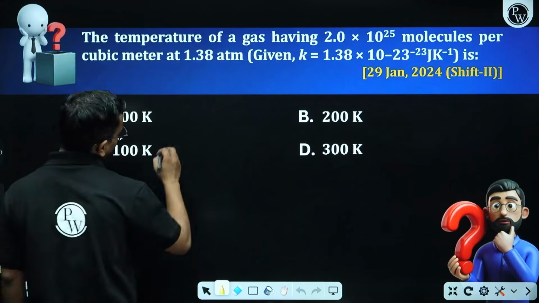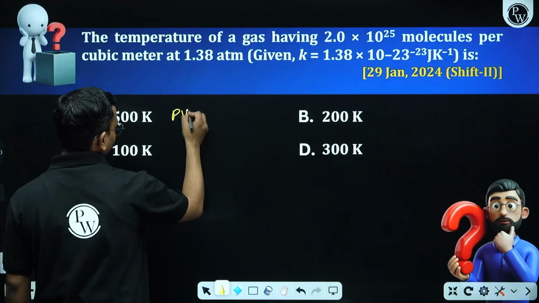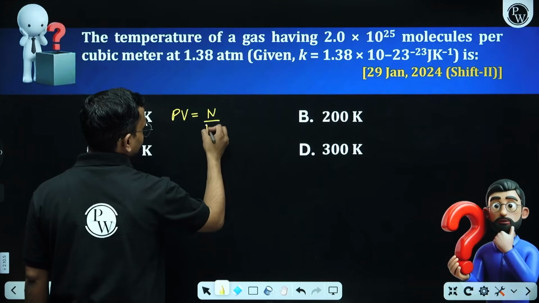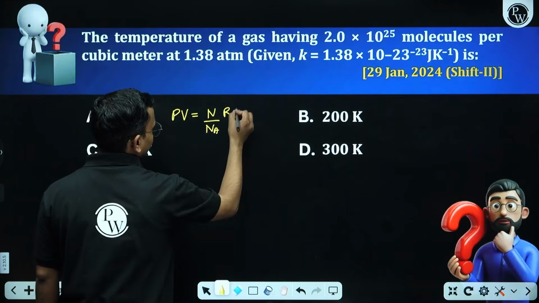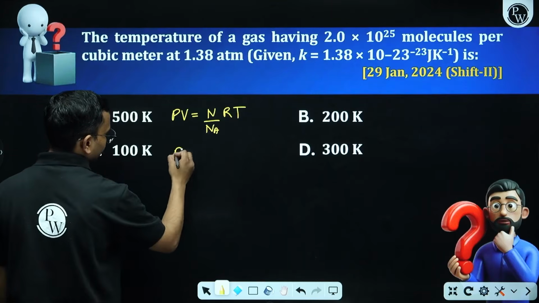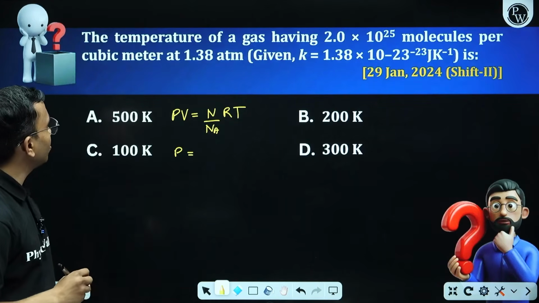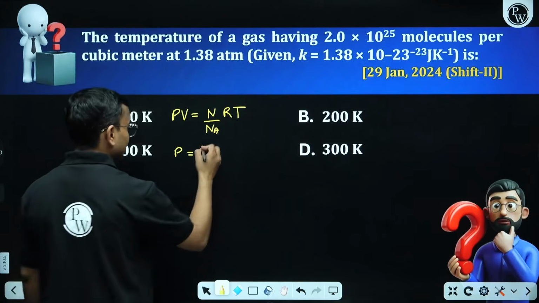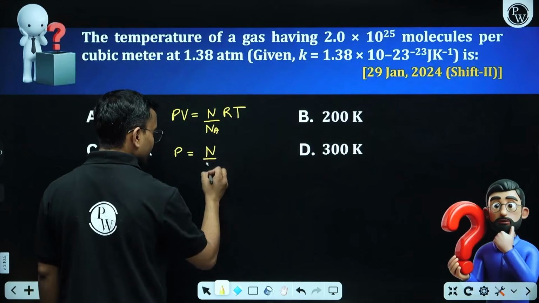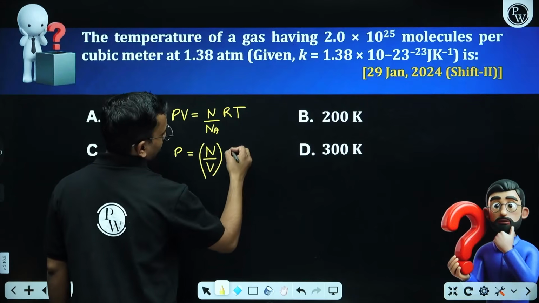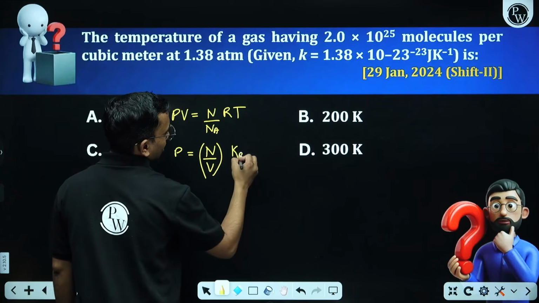So I'll say that PV is equal to nRT, and I can write it as N by Na into RT. So P comes out to be number of molecules per meter cube, which means I am given N by V, times RT by Na, and this becomes Boltzmann constant into temperature.